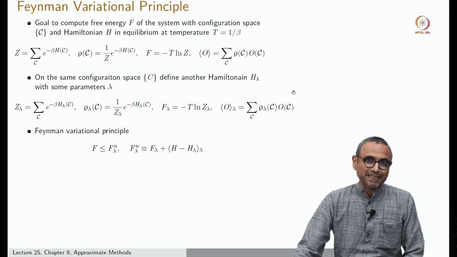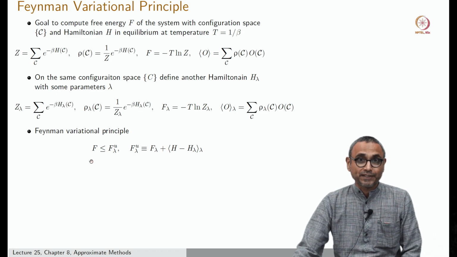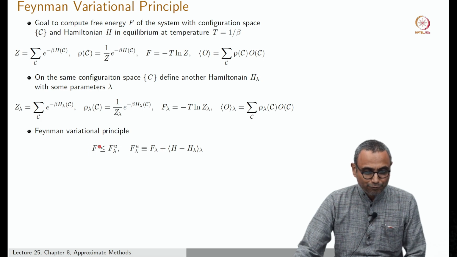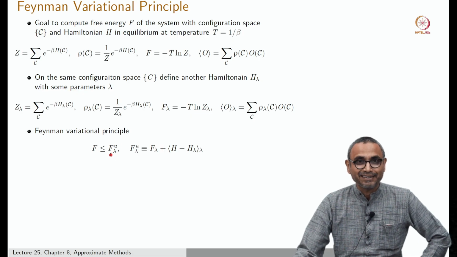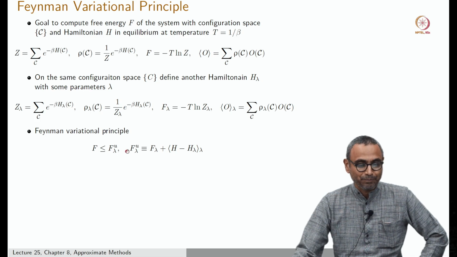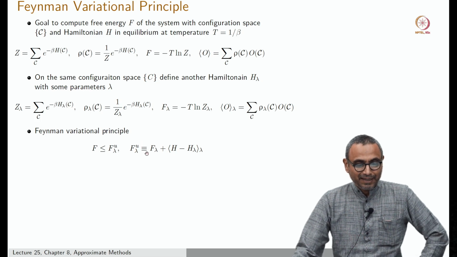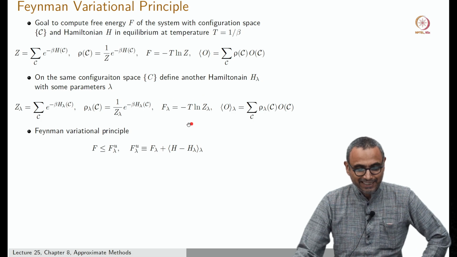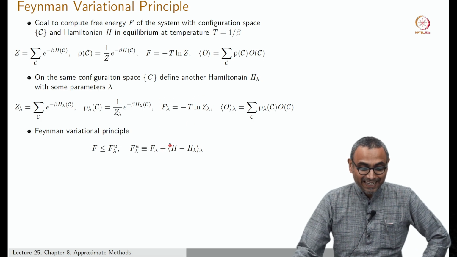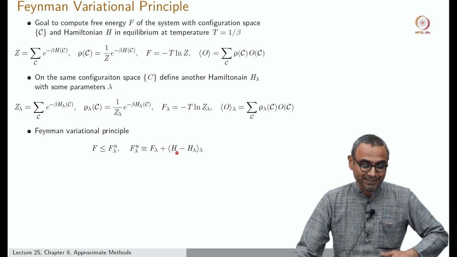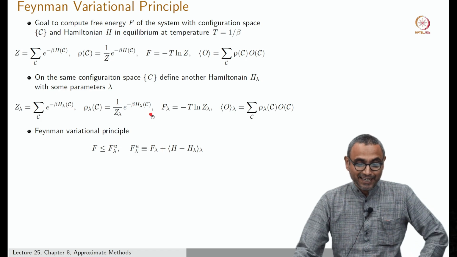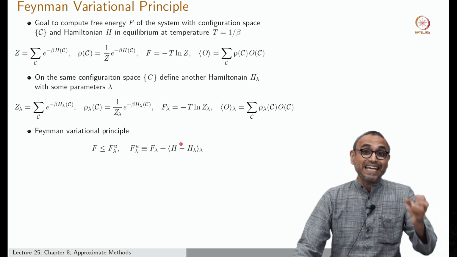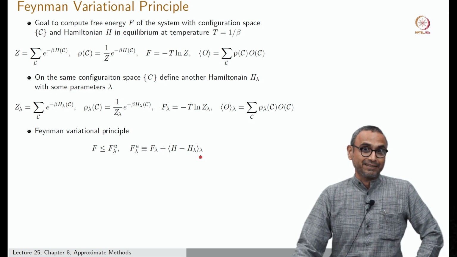So, the Feynman variational principle says, this is what we showed in the last lecture, that the true free energy of our system is bounded by some upper bound given by this lambda system. And what is that? That is the sum of the free energy of the lambda system, which is just this, plus the average value of the difference of the Hamiltonians. H is the Hamiltonian of our system, and H lambda is this trial Hamiltonian or proxy Hamiltonian, and you evaluate this difference in the ensemble defined by H lambda.